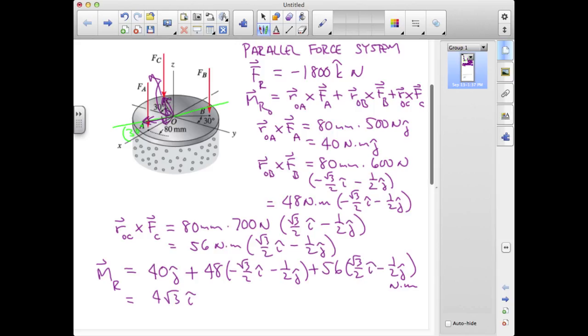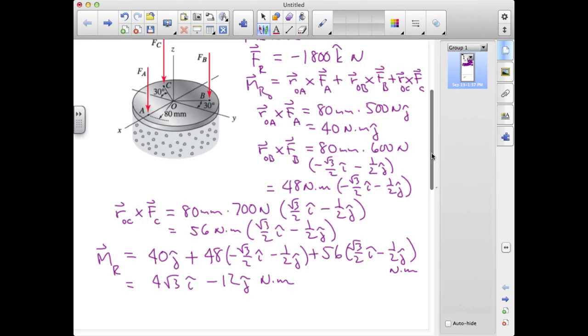For j, we have 56 plus 48 times minus 1/2, which is minus 52, plus 40, that gives us minus 12 j newton meters. So that shows us that our resultant moment has a relatively large negative j component and a smaller positive i component, and I'll just sketch that qualitatively over here. So it's going to be along this line somewhere, and it's going to be in this direction.